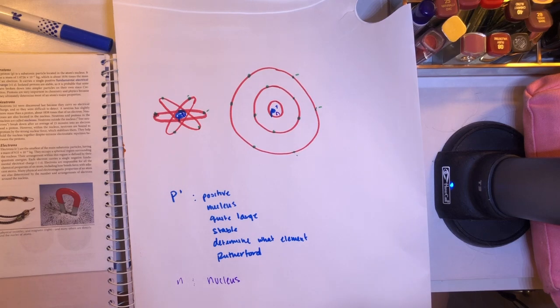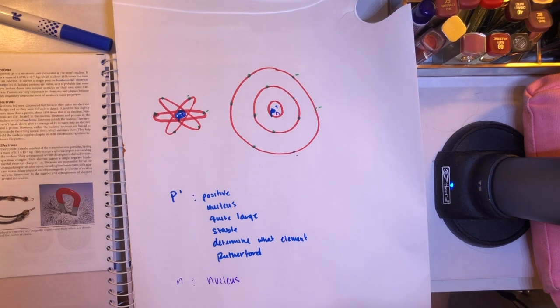Remember, neutrons were discovered because when they first only thought the nucleus was made of protons and they weighed the nucleus, they noticed that there was a discrepancy between the mass of the nucleus and the mass of the overall number of protons. The nucleus weighed more than just the number of protons, so there had to be something else within the nucleus that would account for that extra mass.